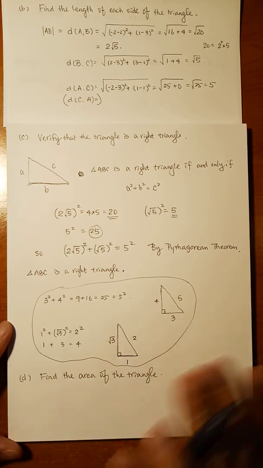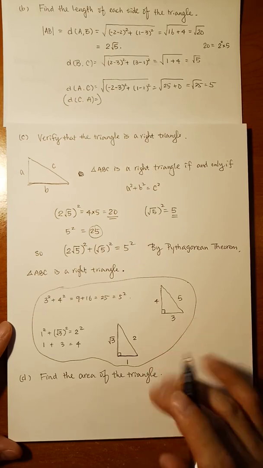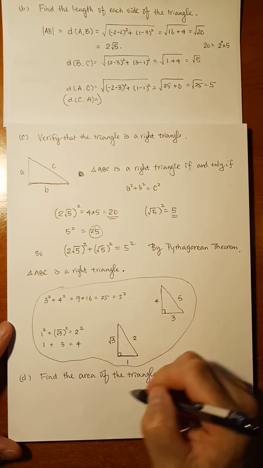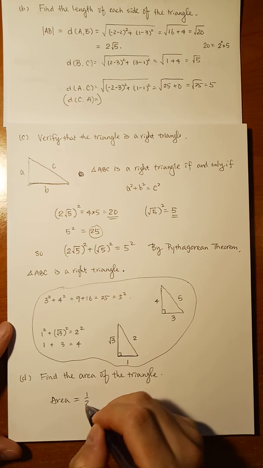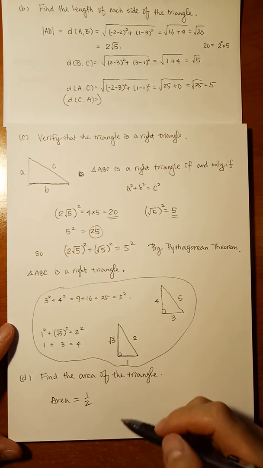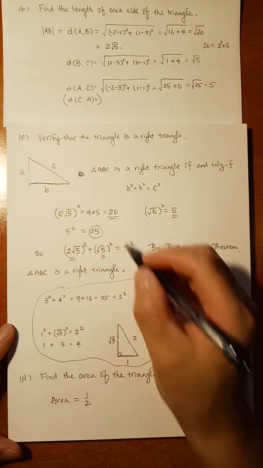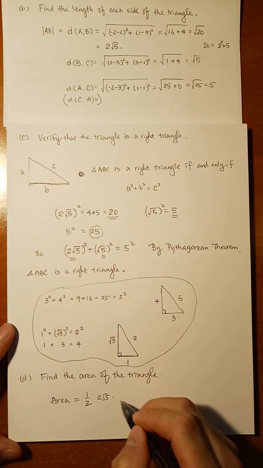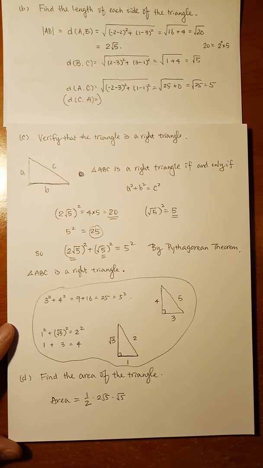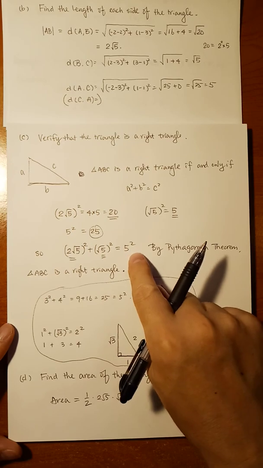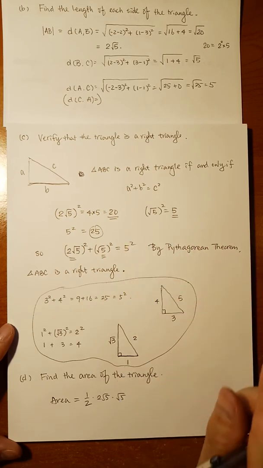The hypotenuse is never useful in the formula of area in a right triangle, okay? So what is the area of the triangle? The area is equal to 1/2 base times height. What is the base? What is the height? Those two small numbers are the base and the height.